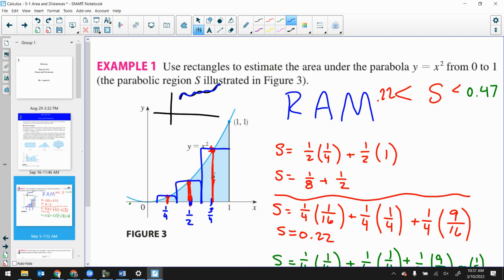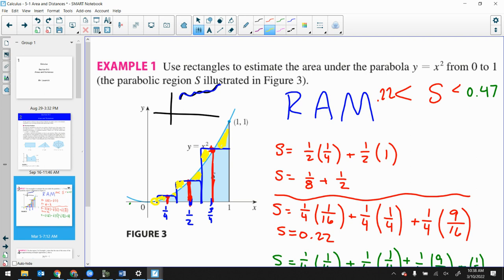Now, does that get me a good area? It gets me close, but does it get me exact? No. Because is this the same area as this? No, it's not. Is this the same area as this? No. And then we're just leaving out that little piece in there?